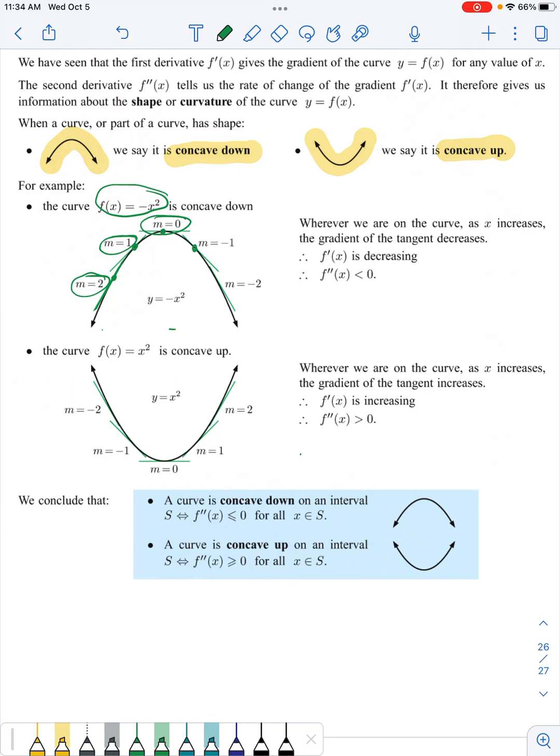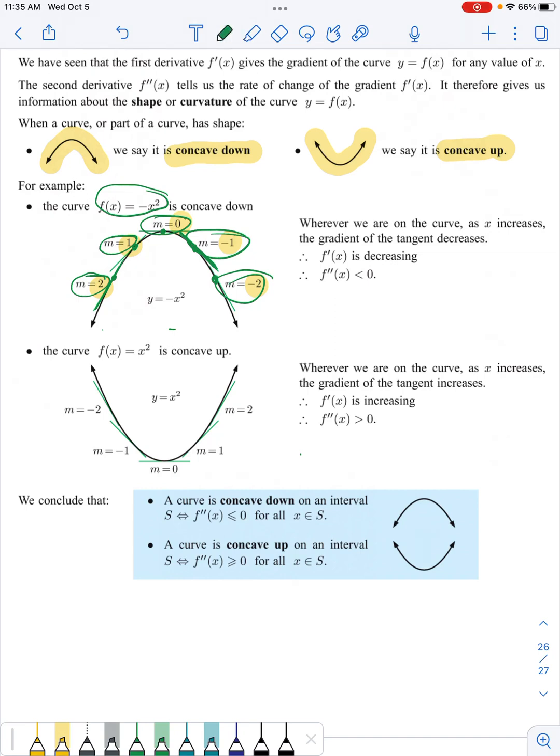And as we move down the curve, we've got now a decreasing line. We're told that slope is negative 1, and then even steeper. So now the slope is negative 2. So what you can notice about those slopes is they go from 2 to 1 to 0 to negative 1 to negative 2.